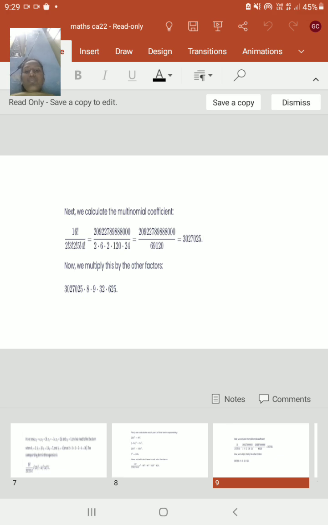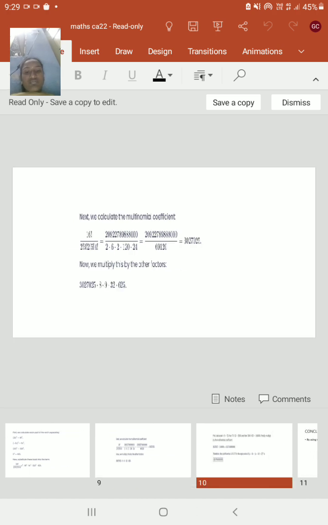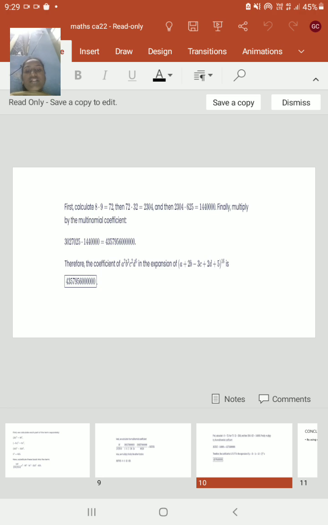Now we multiply this by the other factors: first calculate 8 into 9 is 72, into 32, and totally finally we will multiply and we will get 4357956000000. So the coefficient of a square b cube c square d power 5 is 4357956000000.